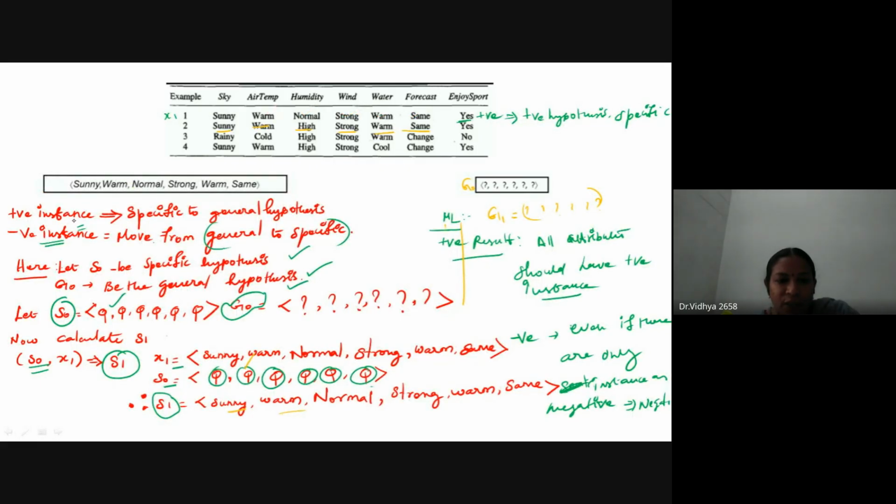So here we have the X1 as sunny, warm, normal, strong, warm, same, and it is a positive. What was the value of X1 initially we had written? X1 is written here as sunny, warm, normal, strong, warm, and the same. So here also we are writing X1 as such.